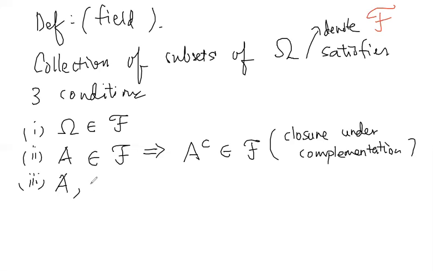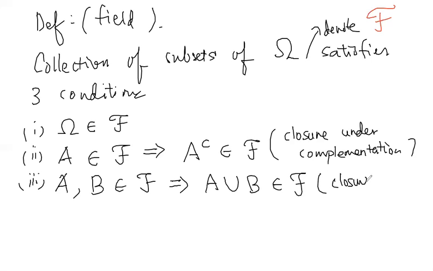And if you have two sets that are in F, it implies that their union is also in F. This is what we call closure under finite union. All right, very simple, yeah. It has these three properties.